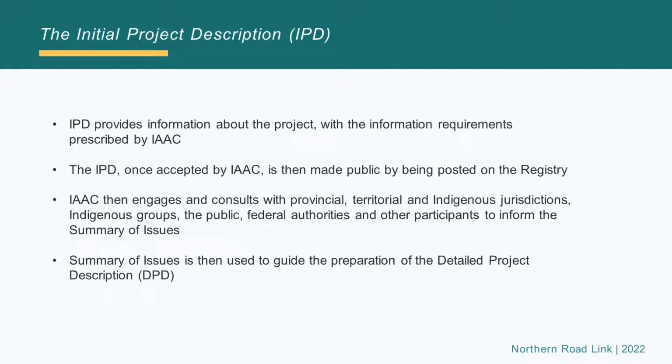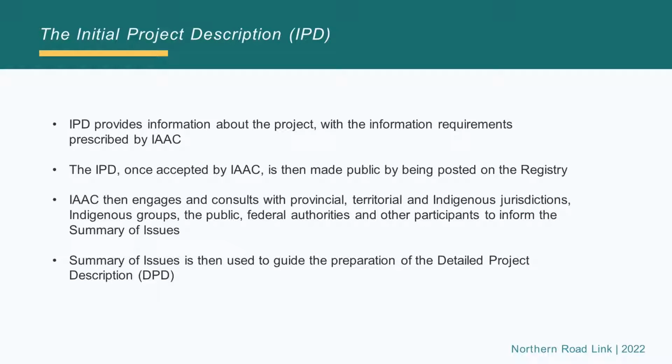So they have expectations as to the nature and extent of information they require for that document. The IPD, once it's accepted by IAC, then goes on to what is called the registry, which is basically making that document public and available to members of the public to access and review on their own.